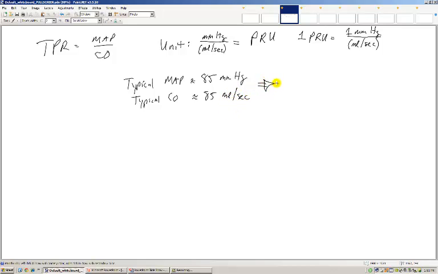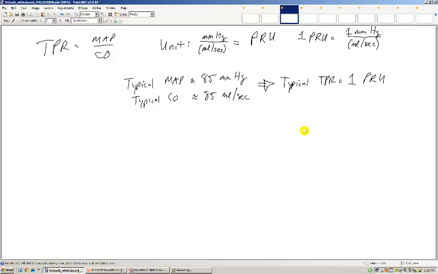So typical TPR is about 1 PRU. Okay, so measured in PRUs, the typical value is 1. That's sort of an average value across different people, in different conditions, but I think that would basically be at rest.